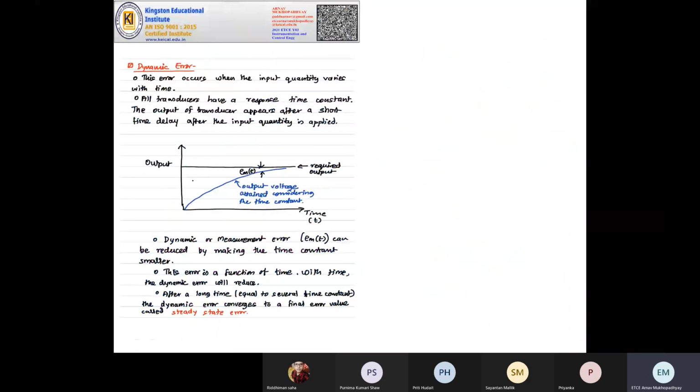Suppose you apply something, dynamic error is an error which varies with time. Generally, this dynamic error is the only type of error which decreases with time.